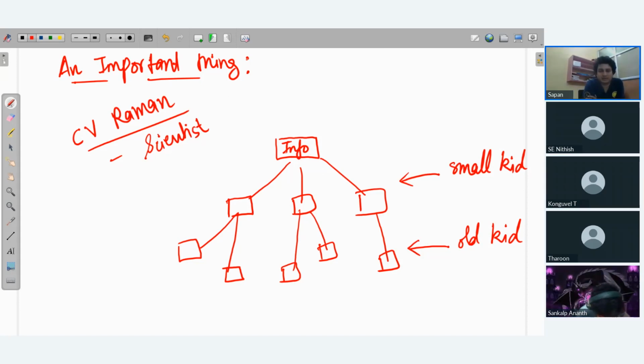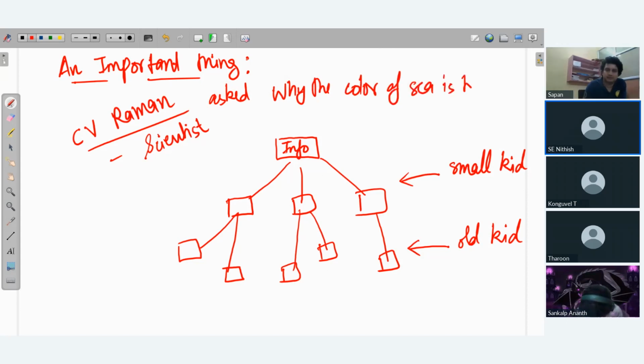C.V. Raman was flying from one place to another, and of course you can see down the window of the plane. If your plane is moving above water, above any river or any ocean, what is the color of the ocean? Blue. So C.V. Raman asked why the color of the sea is blue.